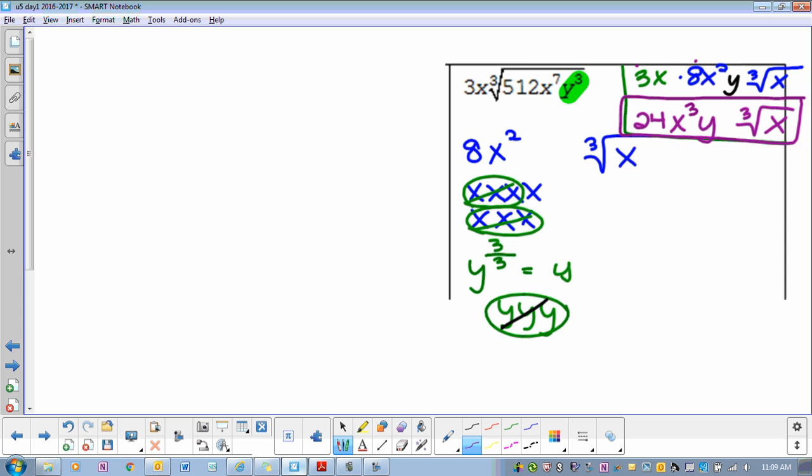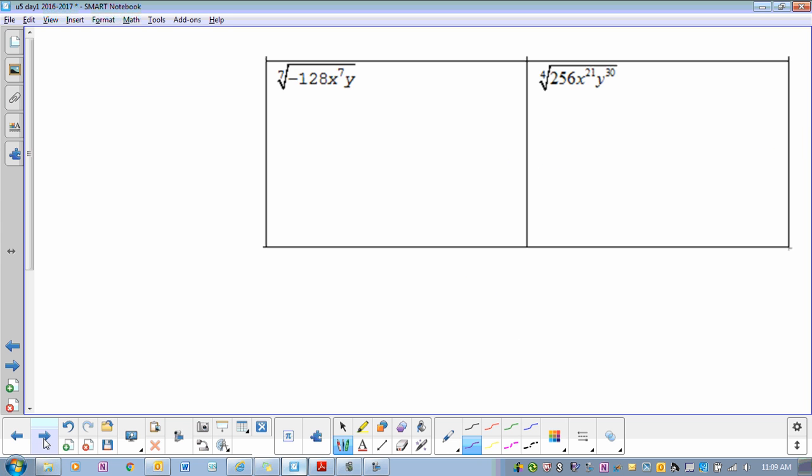Let's try the next one. All right, so the 7th root of negative 128 x to the 7th times y, right? So put that in your calculator. Put in the 7th root of negative 128 and tell me if you get a nice pretty number.